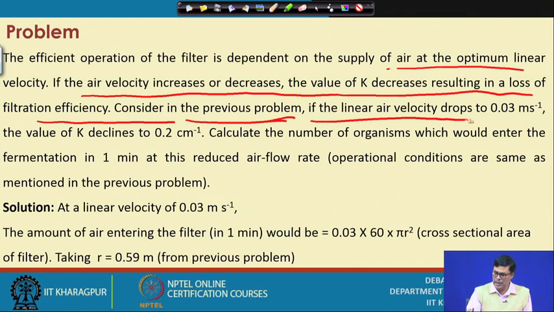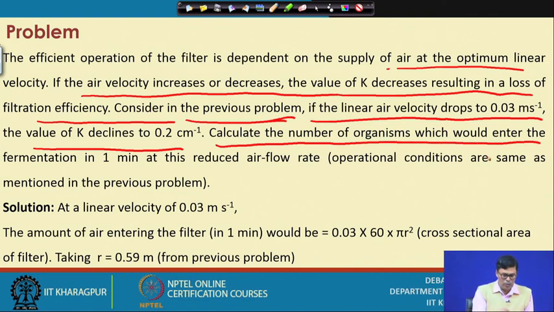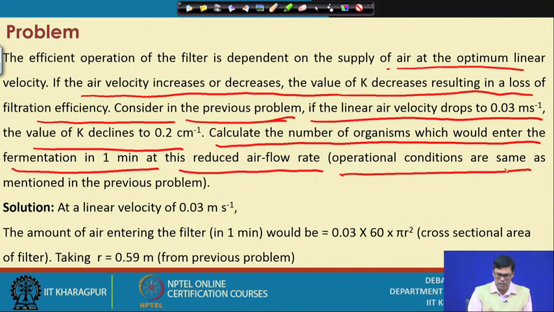If the linear air velocity dropped to 0.03 meter per second, the value of k declines to 0.2 centimeter inverse. Calculate the number of organisms that would enter the filter in 1 minute at the reduced flow rate, with operation conditions the same as mentioned in the previous problem.